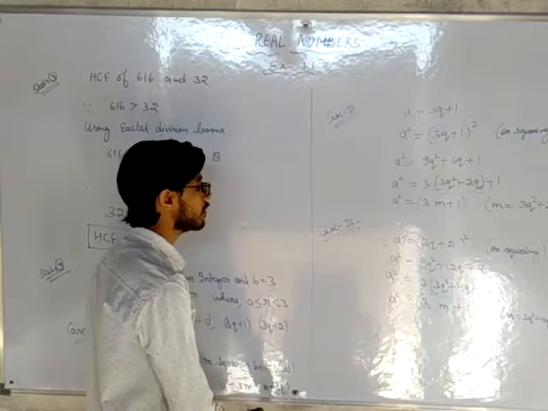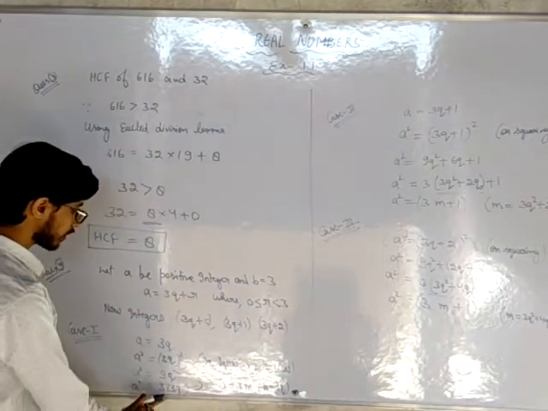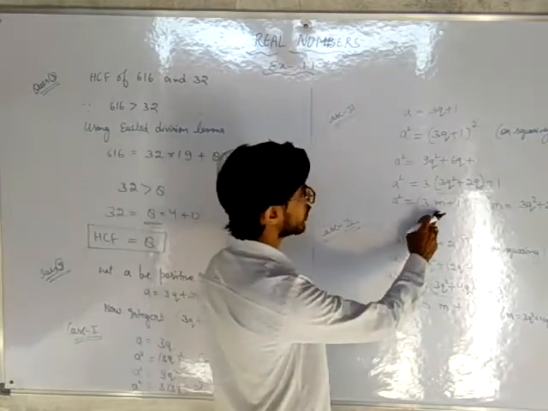So now we can see the square of any positive integer is in the form of 3m or 3m plus 1.